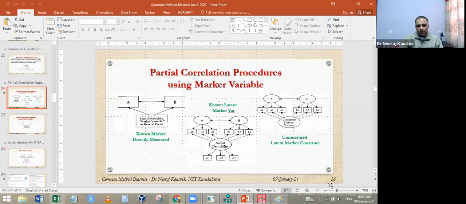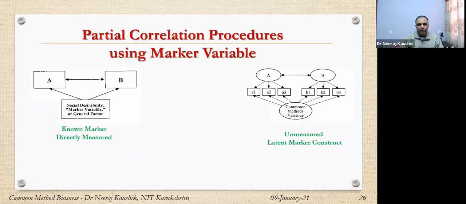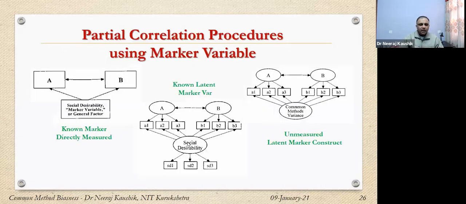This is the approach I am talking about. These are the initial approaches which have now been rejected, but you must know them, the concepts. Either you take a marker variable, directly measure it and remove its effect using partial correlation, or take a separate latent variable and use that as the marker variable for removing the effect by partial correlation, or the third one, the unmeasured latent marker construct, the ULMC approach.